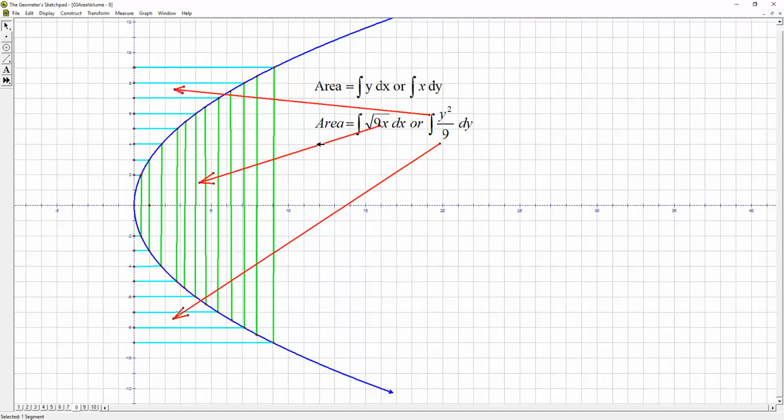Now look at the arrow I've shown. If you want to integrate y dx, you are actually finding half this area. The other half you cannot find. If you want to integrate x dy, using this function, you're actually finding the two blue areas.